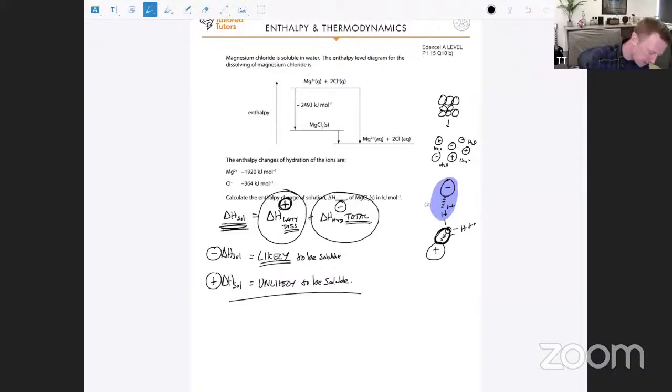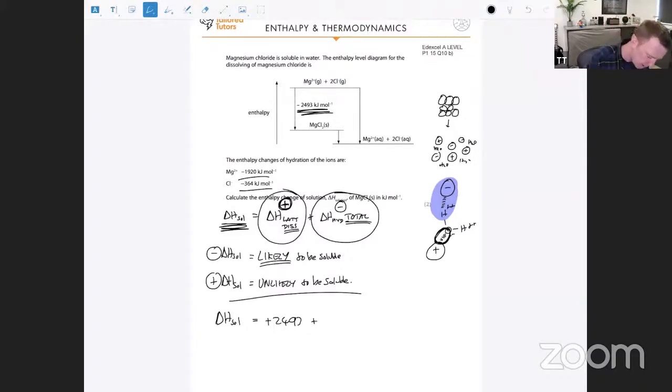But anyway, for this question, what we're looking at here is this lattice dissociation enthalpy. So delta H lattice, notice how sneakily they've given us -2493 here. A little bit naughty. So delta H solution for this would be +2493 plus, now these are negative. They actually have given us the correct sign here.